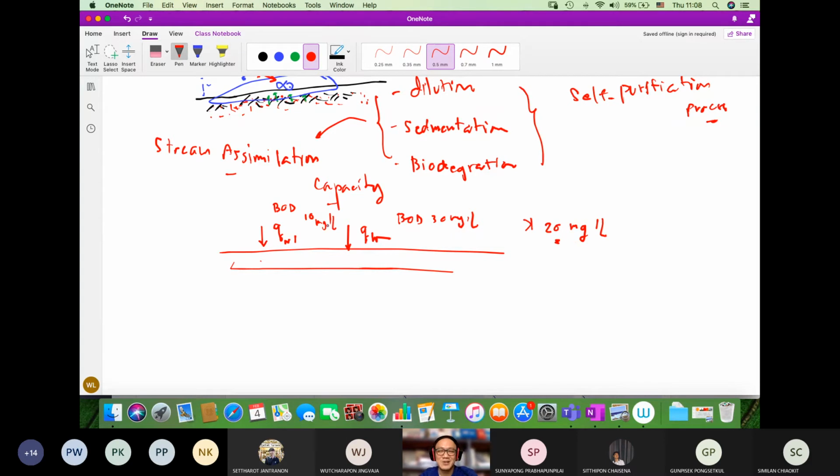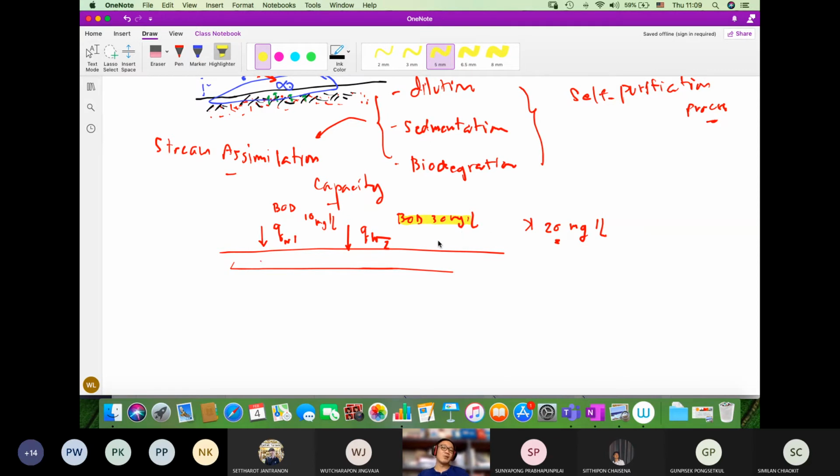So the first source discharges BOD of 10 milligrams per liter, and the second source discharges BOD of 30 milligrams per liter. If you look into these two sources, you will definitely find that the second source discharges BOD greater than the standard.